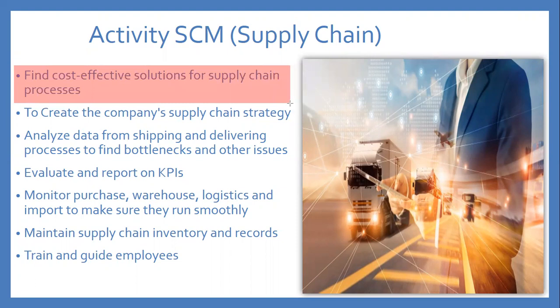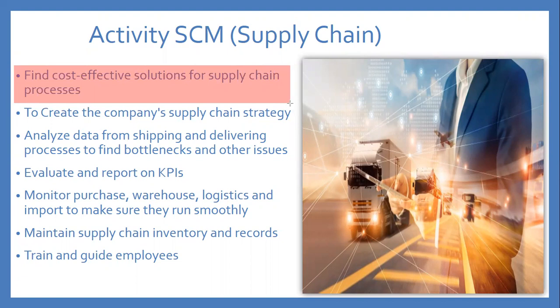Cost effective supply chain: try to find out the pricing cost, like the movement of goods. We try to find goods to be moved through good freight forwarders and transporters, so we need to keep in mind cost effective solutions.